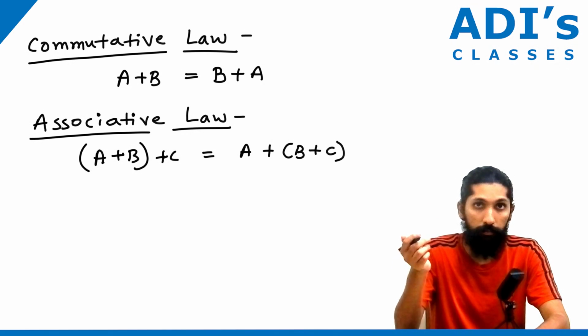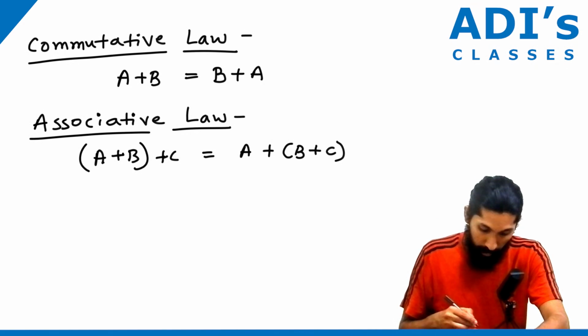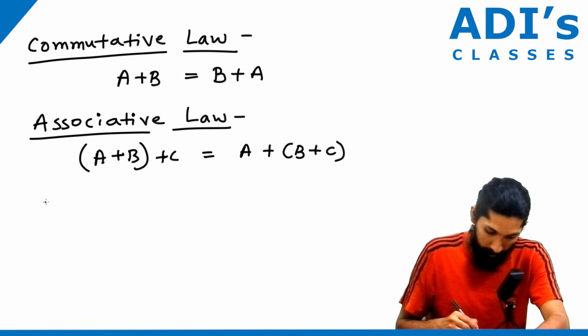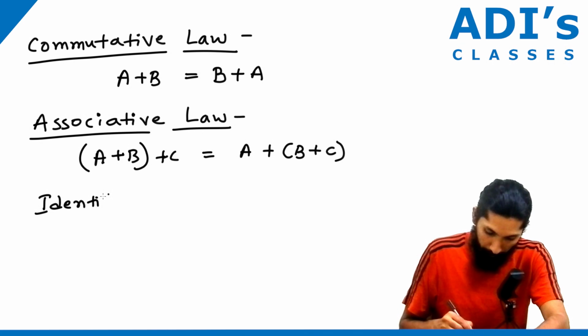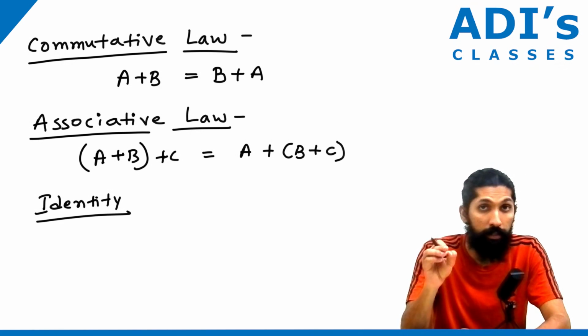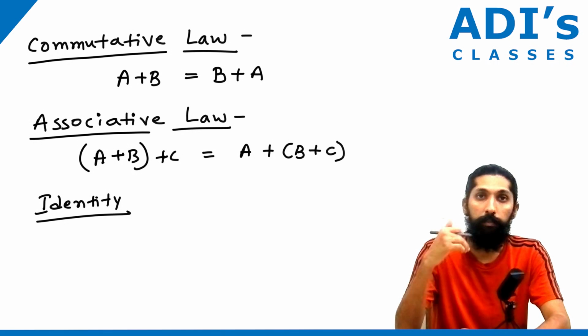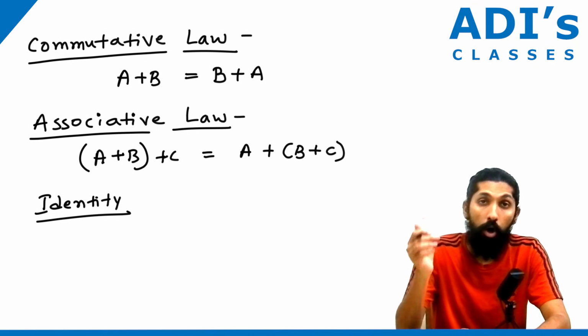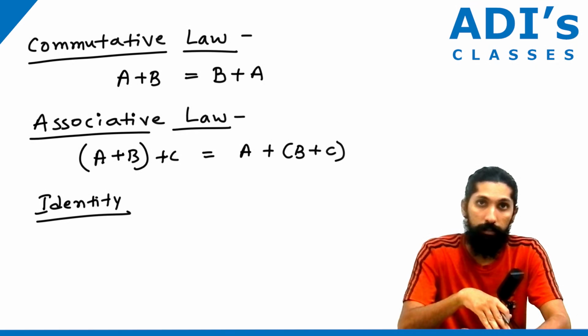The next one for matrix addition is the existence of identity. For addition, what is the identity? 0, correct? That means here we need to have a 0 matrix, or what we call the null matrix.